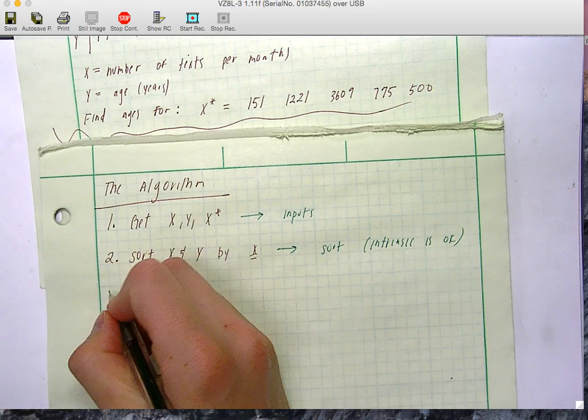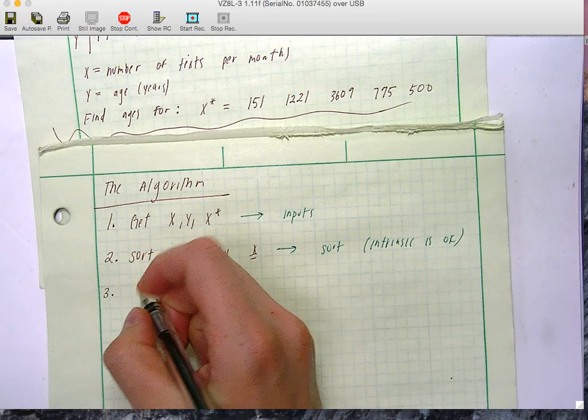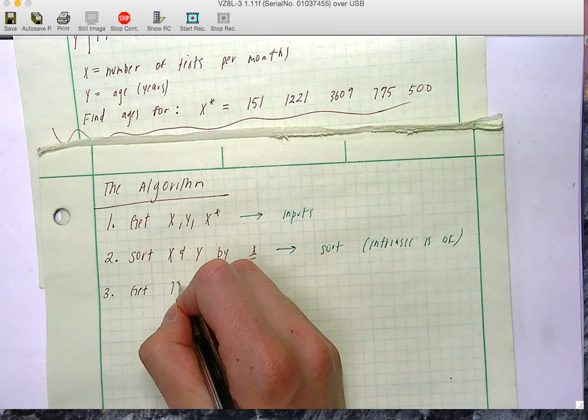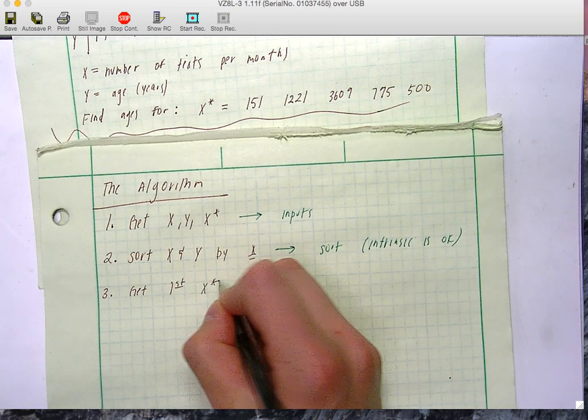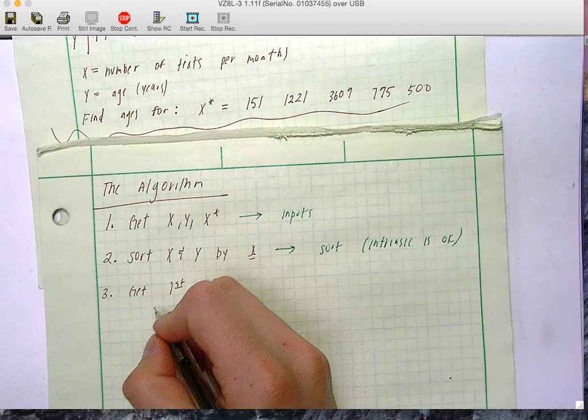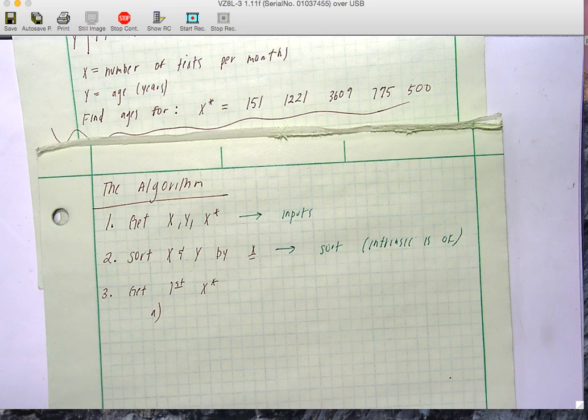But a sorting algorithm is a really fun algorithm to write. Okay, now you're just going to start with 1. That's how I always have you think about this. So you want to start by looking at your first x star. And the first thing that you need to do with the first x star is you need to find the window, right?